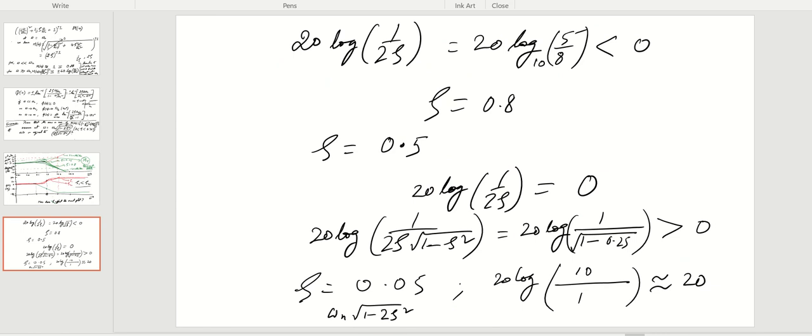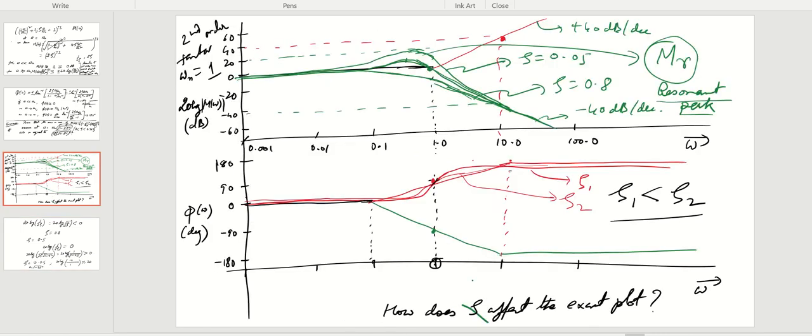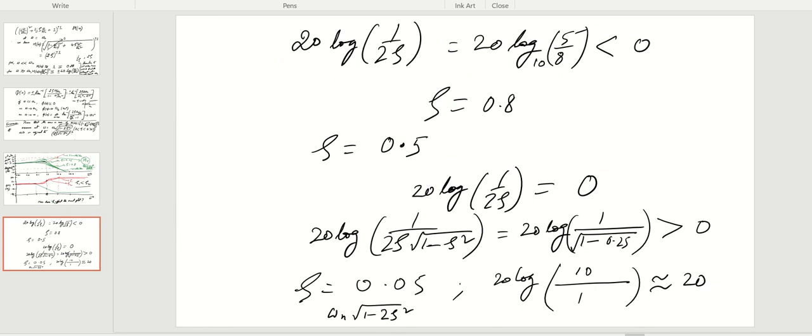Now we have seen each of those constituent blocks that go into the making of the entire composite system. We have seen the integrator, we have seen the constant gain, we have seen the first order terms, and we have seen the second order terms with complex roots. Okay, so we know how to plot each one of them individually.